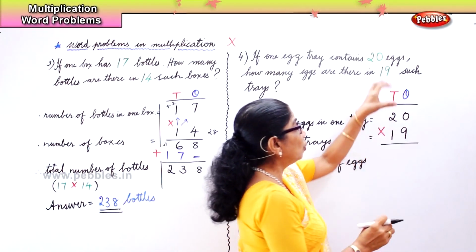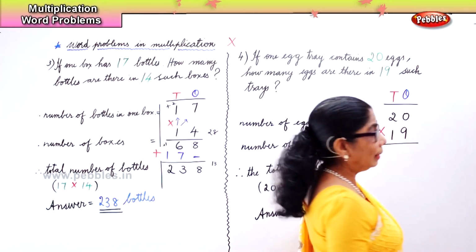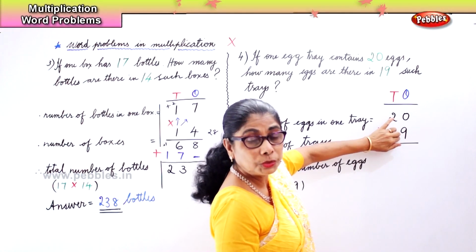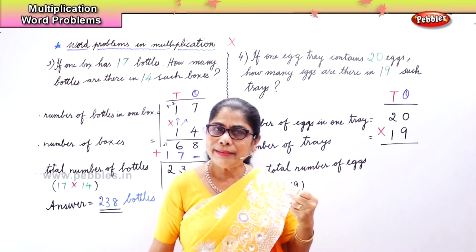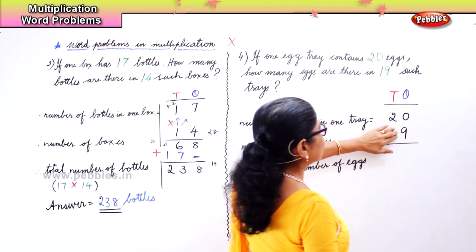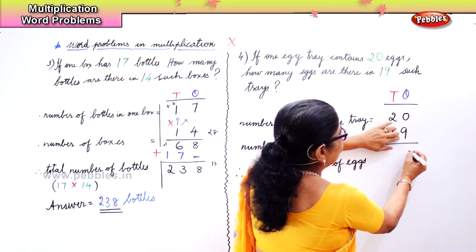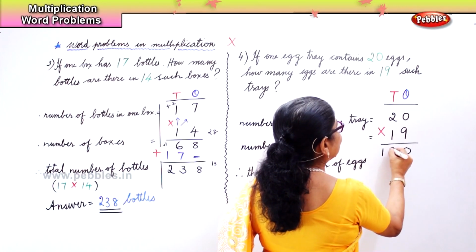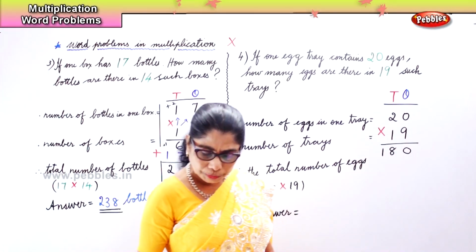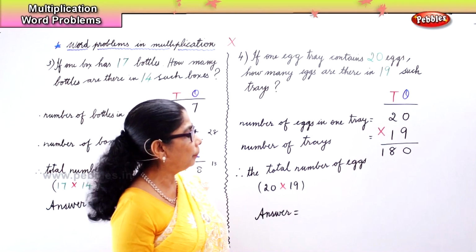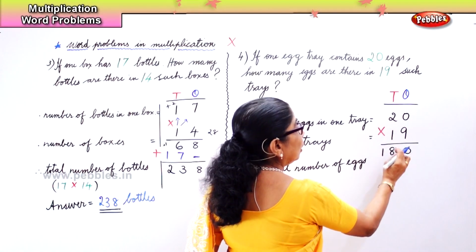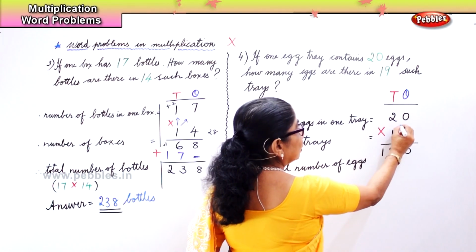You have 0 in the ones place, 9 in the ones place. Forget about the 1. So we're going to multiply 20 into 9. 9 zeros are 0. 9 twos are 18. So we got the first part of the sum. Now we forget about the 9. We are going to do 1 into 0 and 1 into 2.